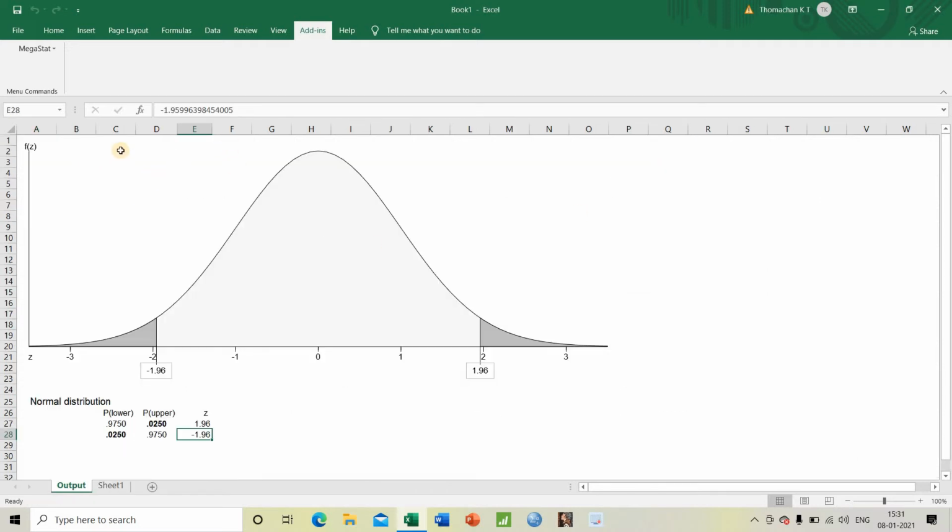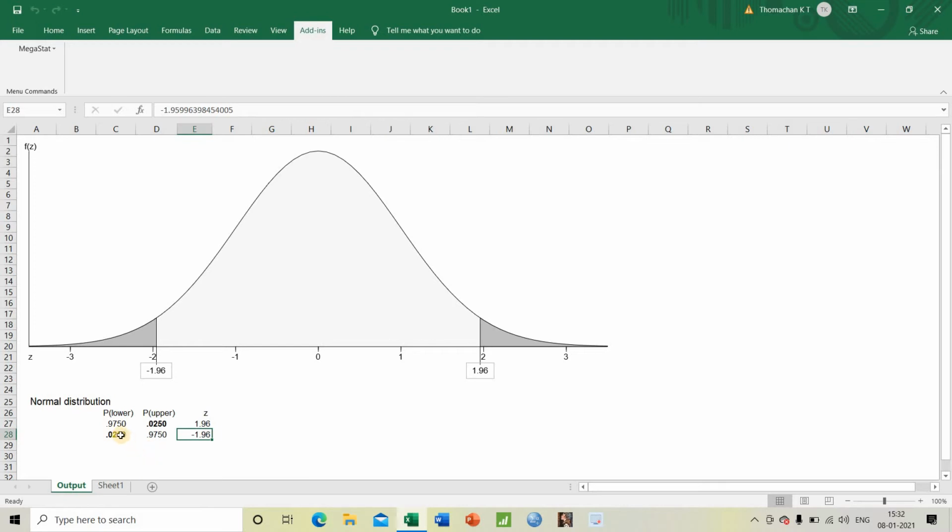What you see here is the shaded areas, the areas lower than minus 1.96 and above 1.96. And as you can see, these areas are 0.025 and 0.025, lower and upper.